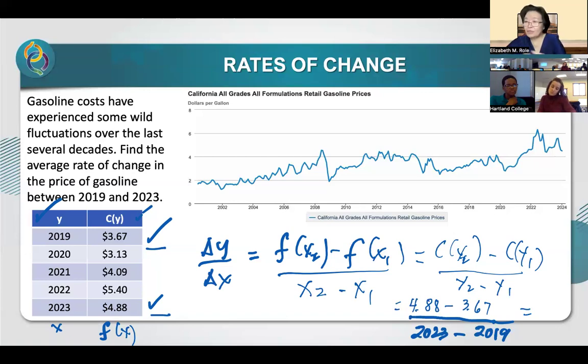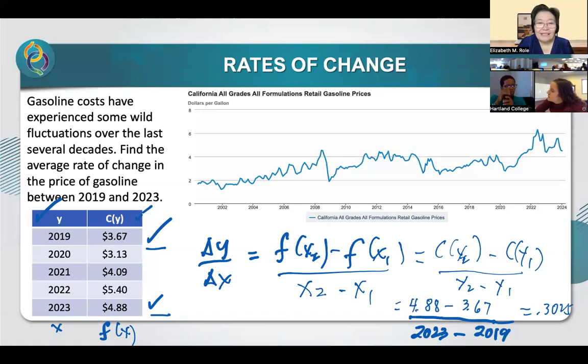Okay, 0.30. So that's about 30 rate of change. Within that period is about 30 cents. Okay, 0.3025. So the average rate of change between 2019 to 2023, that's about per year, is about 30 cents.